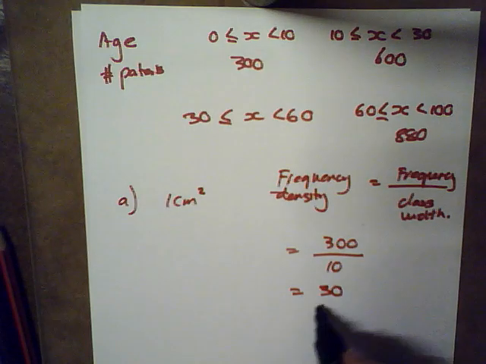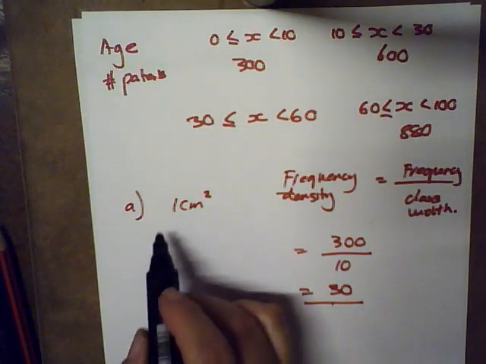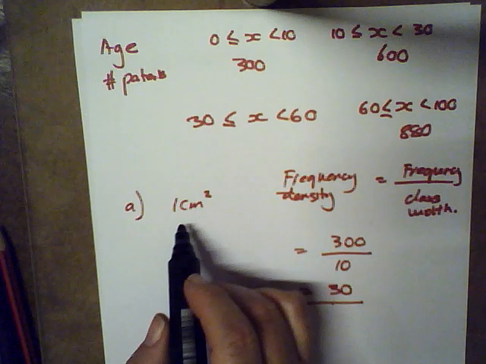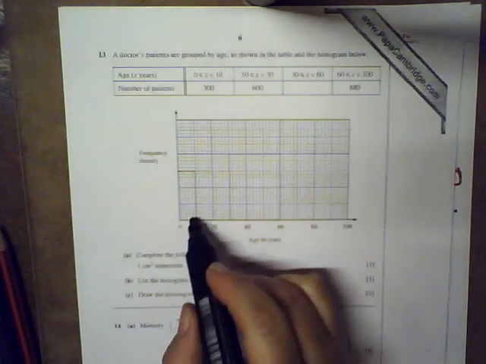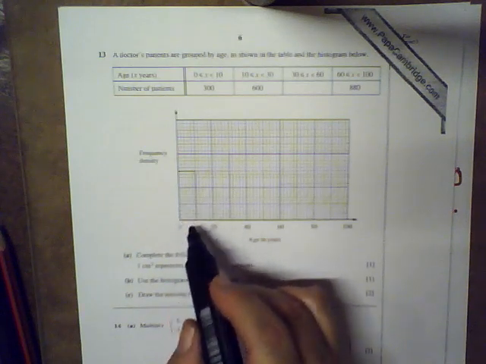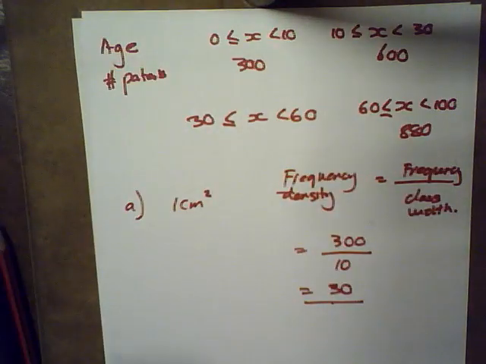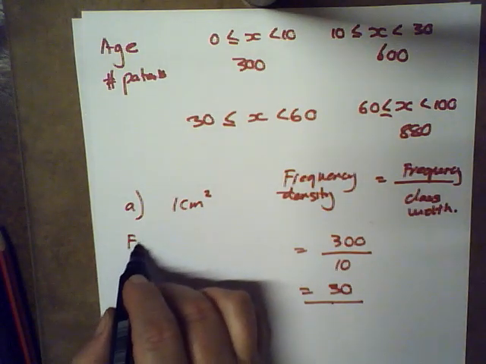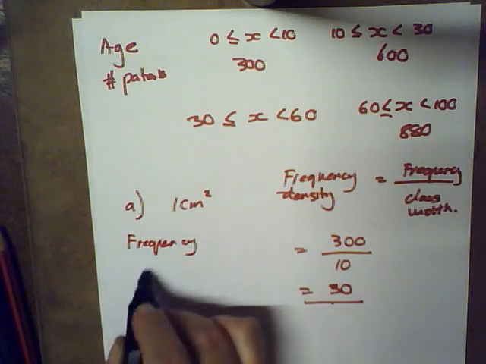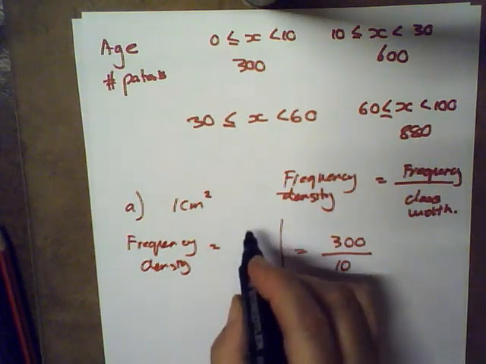Okay, good. So if I've established that, it is quite easy then to think what would be 1 centimeter squared. If I look at this as a grid that's 1 centimeter by 1 centimeter, that would give me that little grid there, that is 10, and then that one is 10 up. So the 1 centimeter squared would represent how many? So let's go: frequency density equals, sorry, let me just do that.